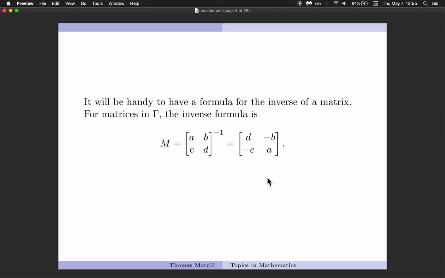And if you multiply this onto the matrix A, B, C, D, then we will get the identity. I'm not going to prove that. This is just a formula you can write down and remember. I won't be quizzing on matrix multiplication, though. This is just for keeping handy.